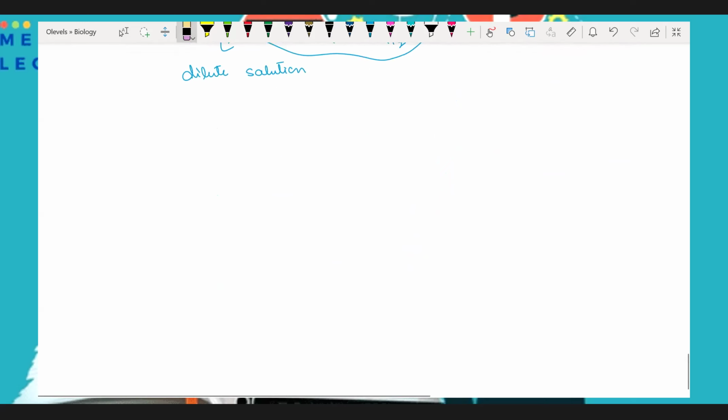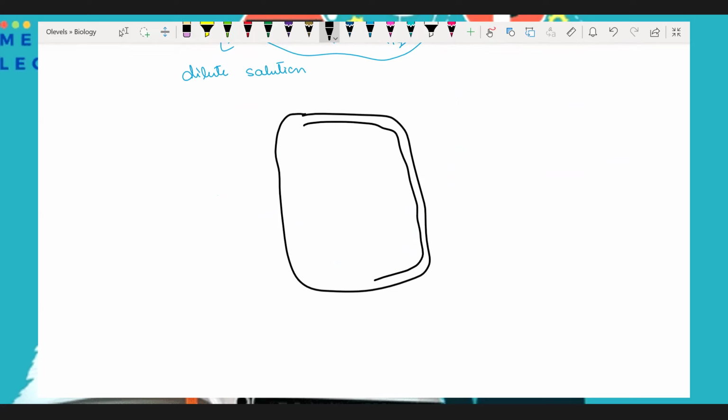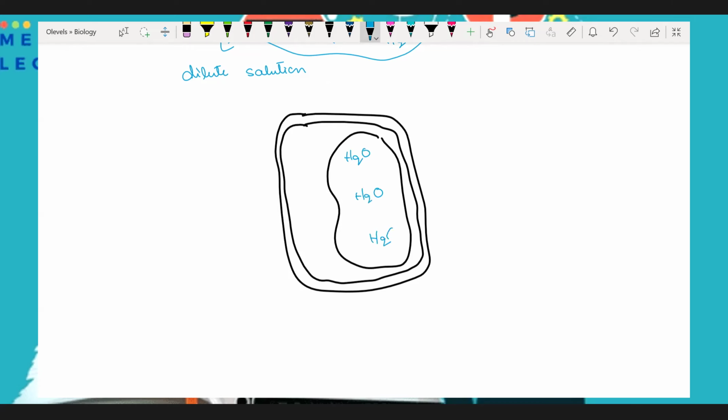Suppose in this case, due to abundance of water molecules inside the vacuole, this vacuole is going to have a high concentration of water molecules, so this vacuole will swell, right?